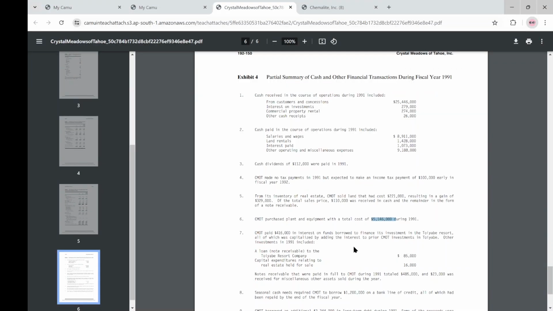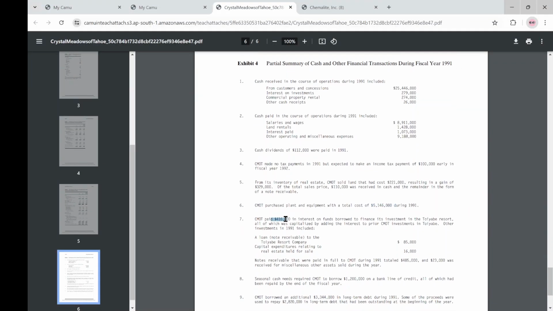Then it was told that 416 we have taken as a loan and used it. So it is written as investment, and there were some other logics that the asset is not ready yet, and until the asset is ready, anything you pay for it is added back as a capital expenditure. So we will add it back.